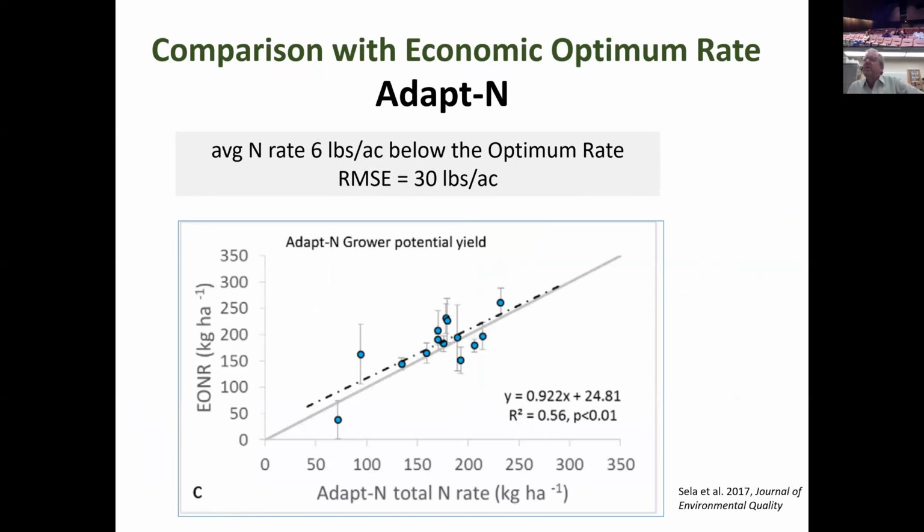Adapt-N in those trials was fairly close. The average N rate was 6 pounds per acre below the optimum N rate, so it's relatively close. And it also followed the 1-to-1 line much better. So the RMSEs, which are an indicator of the error, were much lower.